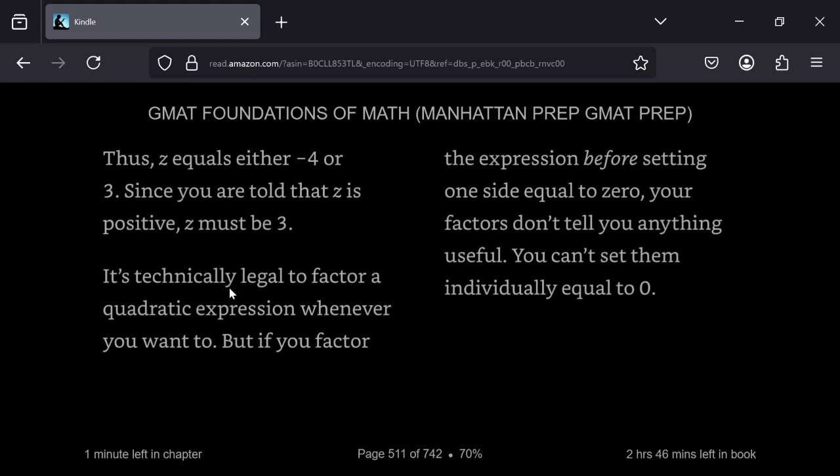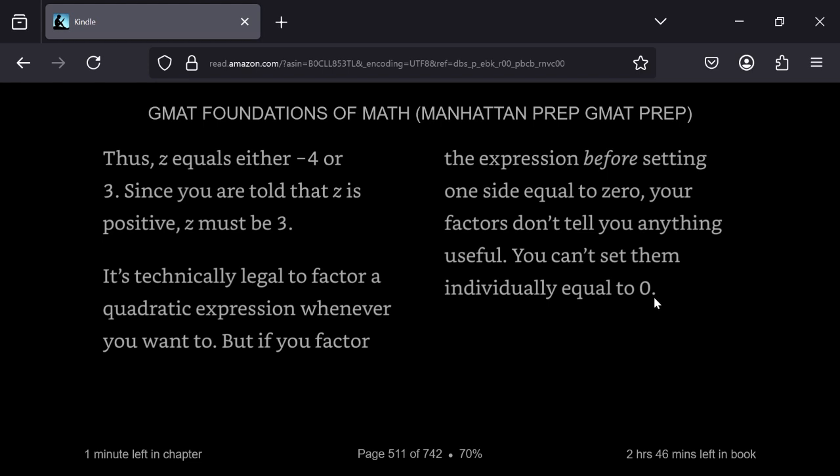It's technically legal to factor a quadratic expression whenever you want to. But if you factor the expression before setting one side equal to 0, your factors don't tell you anything useful. You can't set them individually equal to 0.